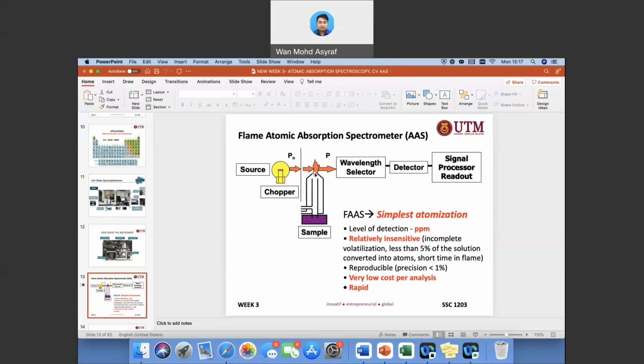The transmittance from the absorption during atomization in the flame is then passed to the wavelength selector, which is the monochromator. The particular wavelength from your transmittance is detected by a detector and processed by a signal processor readout.